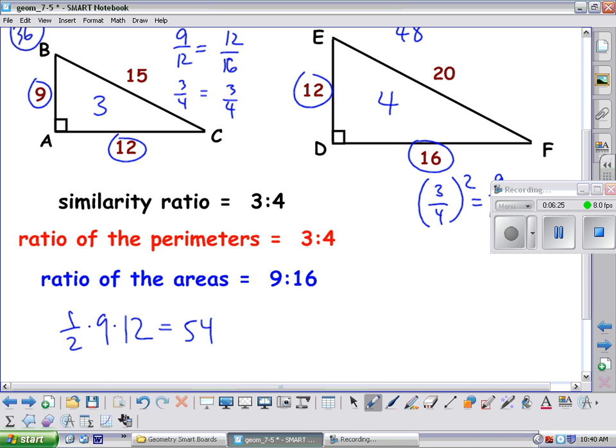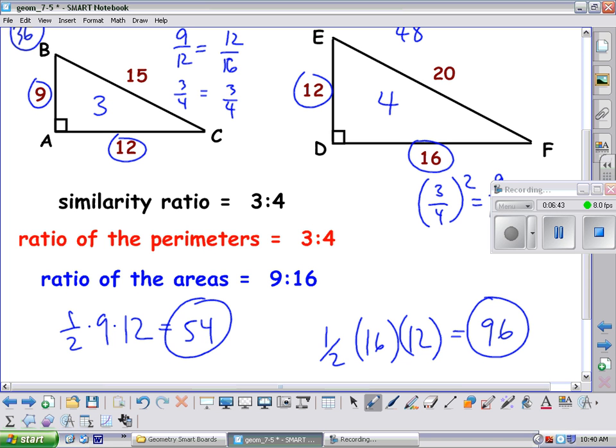And over on this side, 16 times 12, so 1/2 of 16 times 12 at the right angle, and I get a grand total of 96 there.